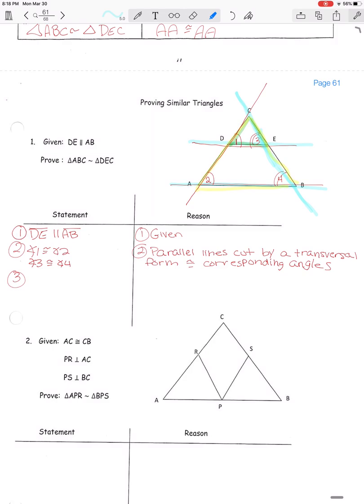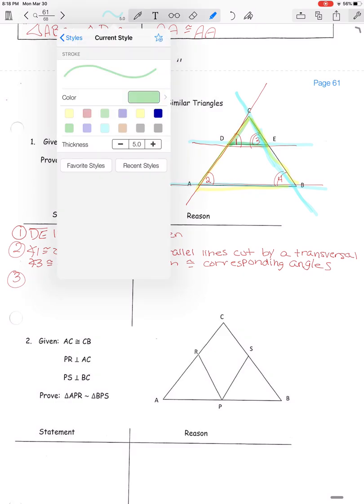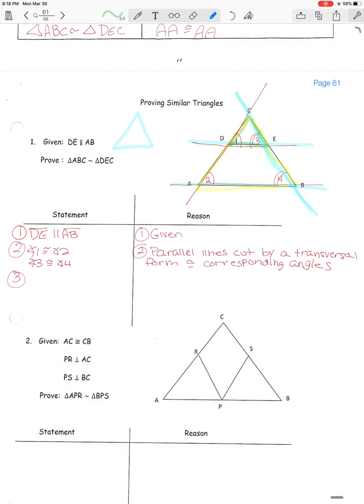So if I had ABC and CDE, hold on, that's not correct. So it's A, B, C this way, D, C, E. Both of them have C in there, so therefore we would have reflexive.